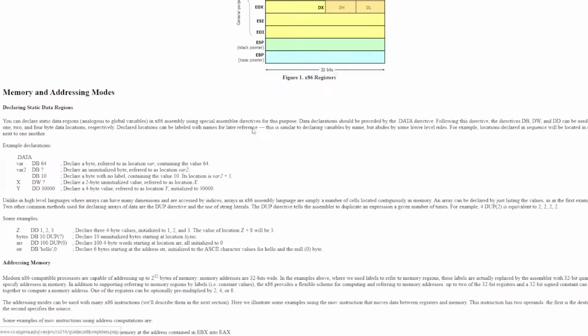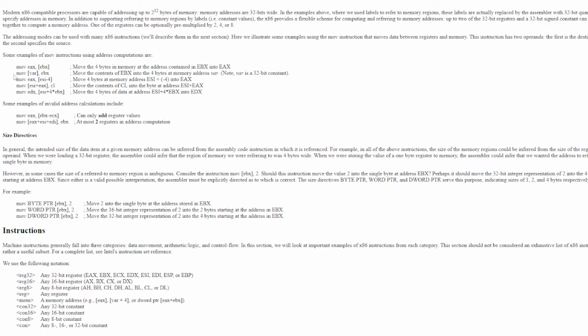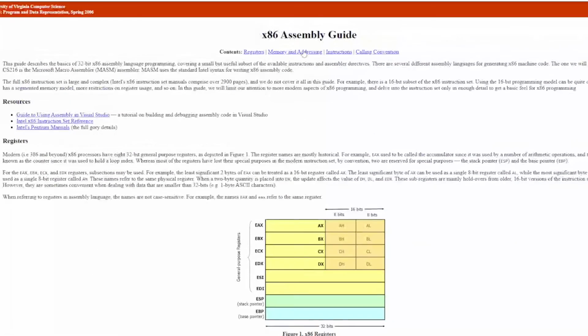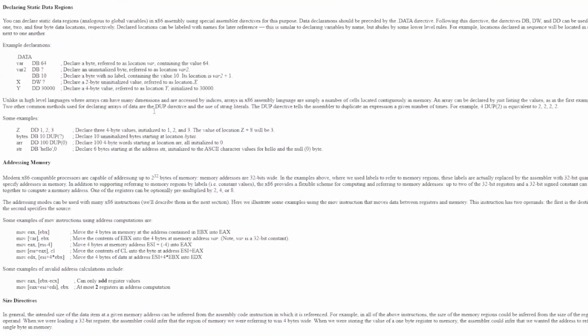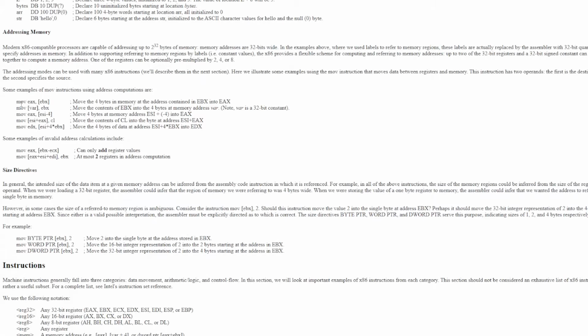I'm pretty sure that's how it works. Anyway, here we go, MOV. That's an assembly code specifically for the x86 processor, right? And then you have MOV, EAX, and I think you type EBX as well.